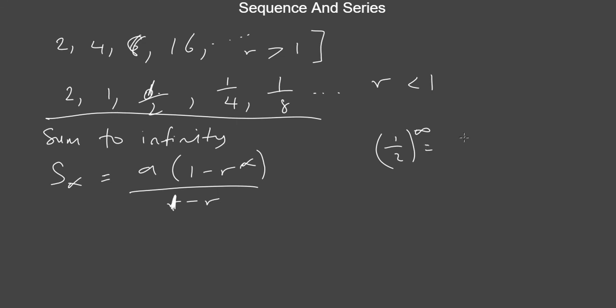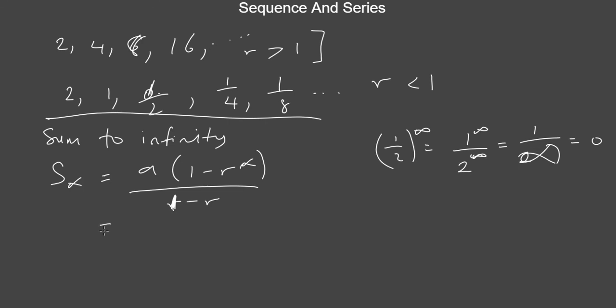You're going to get 1 raised to infinity divided by 2 raised to infinity. 1 raised to infinity is 1, because if you multiply 1 as many times as possible, you're going to get 1. But 2 raised to infinity will give you infinity, because if you keep multiplying 2 by itself many times, you get a very large number. So what is 1 over infinity? 1 over infinity is 0.